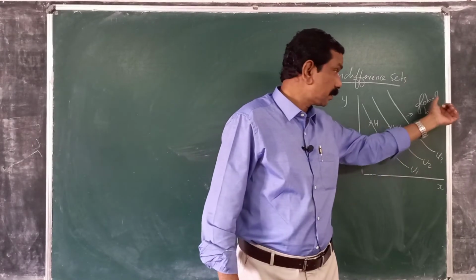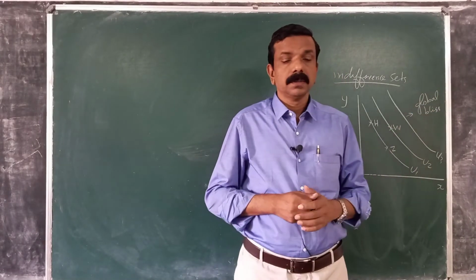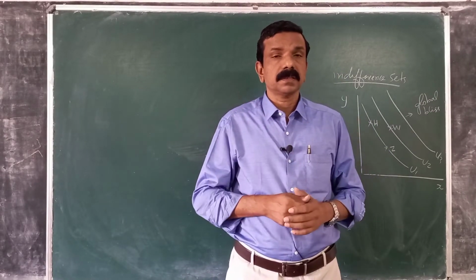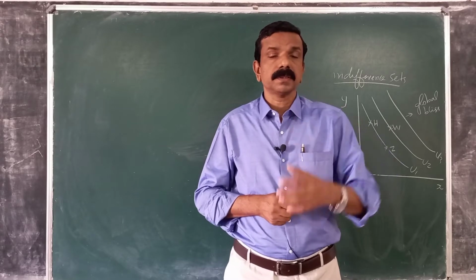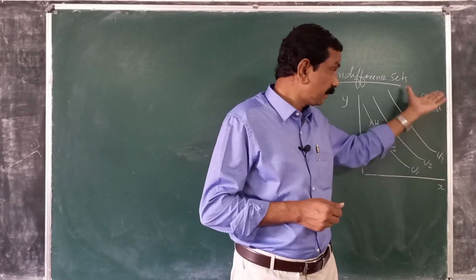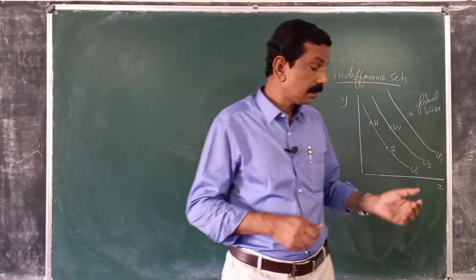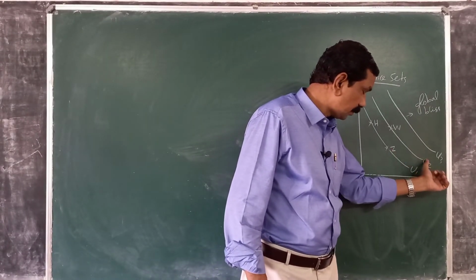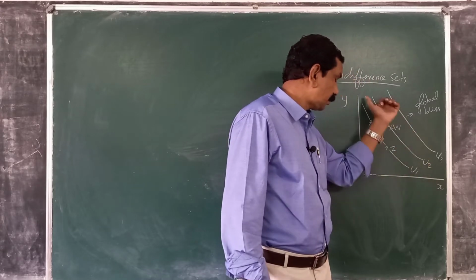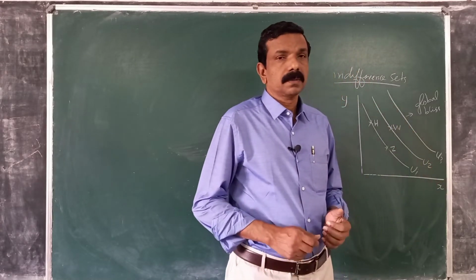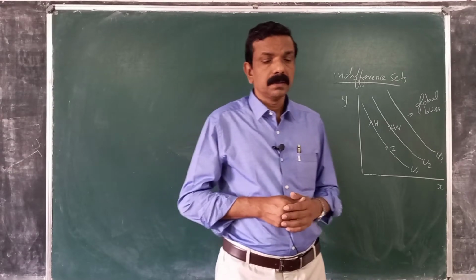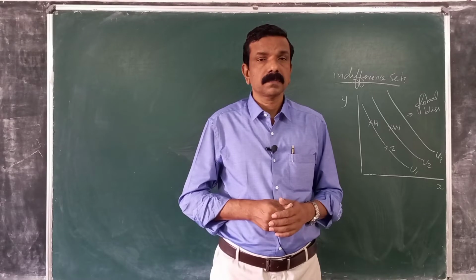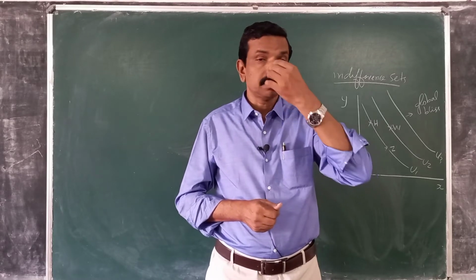So there will be an infinite number of indifference curves in the utility space, and between any two indifference curves, say u1 and u2, there will be an infinite number of indifference curves. That is a point that should be remembered.